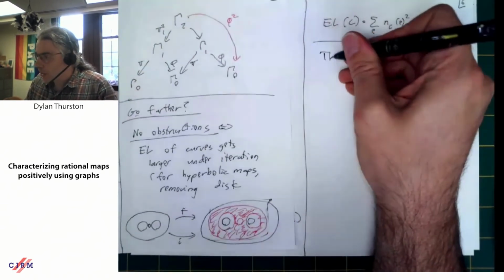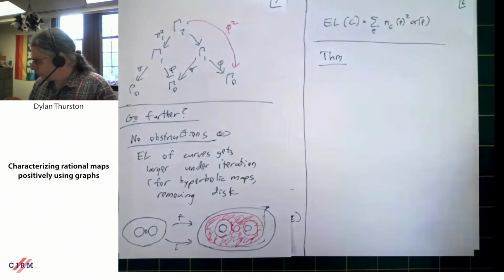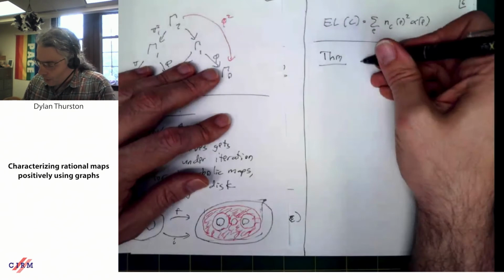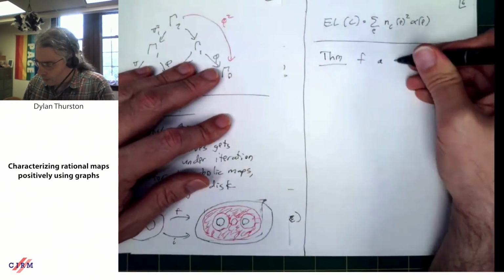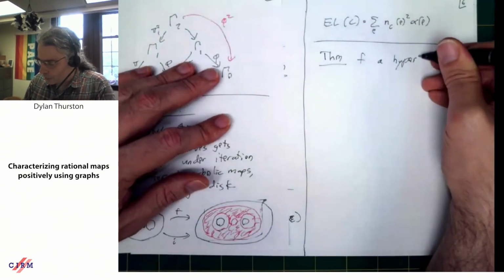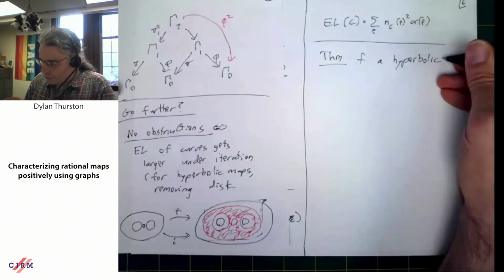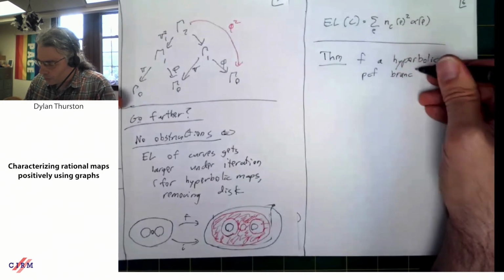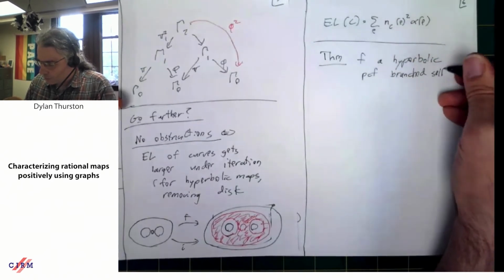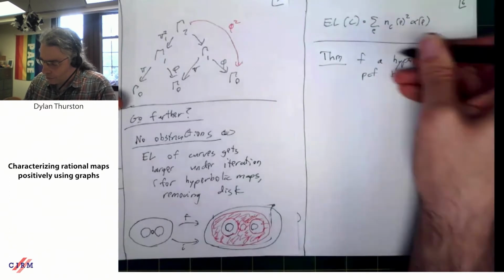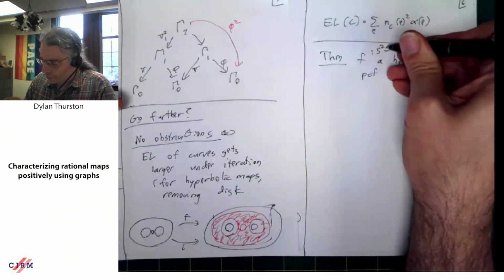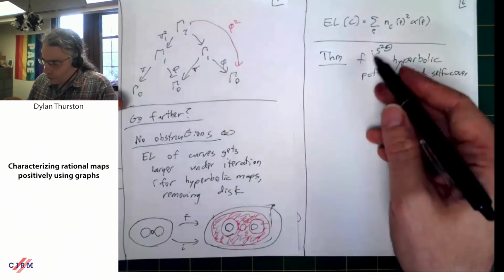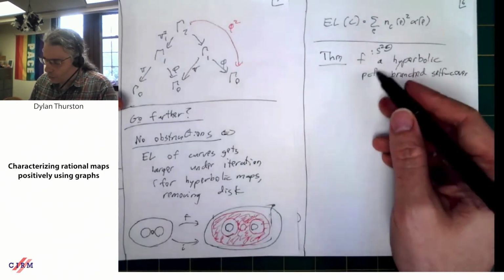So at this point, let me jump ahead and state the actual theorem here, which is that f, a hyperbolic, meaning every hyperbolic GCF branch self-cover. So this is again a map from the sphere to itself, and hyperbolic here means that there's a branch point in every cycle.